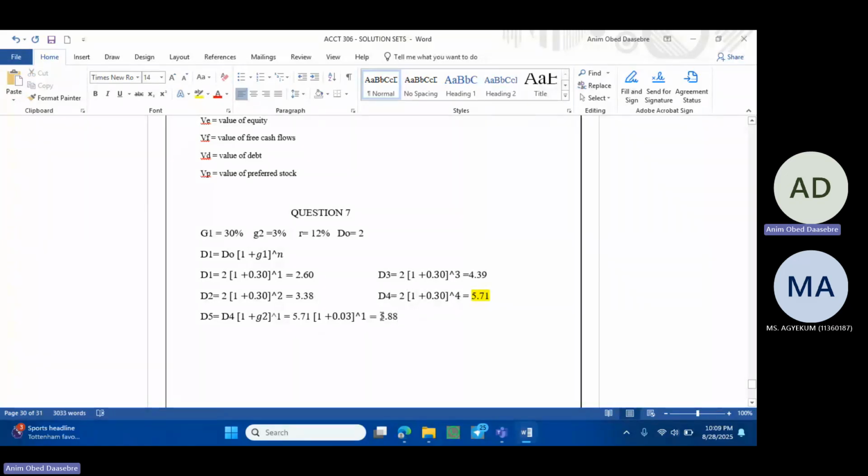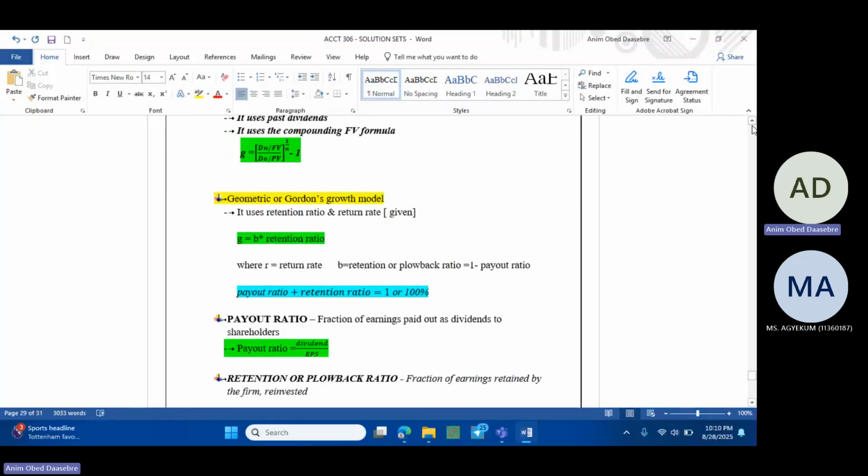Because this D5, we are not interested in it. It is in perpetuity. So we need to find the price of the dividends at the end of year 4. Right? And this is what the approach was trying to explain to us.